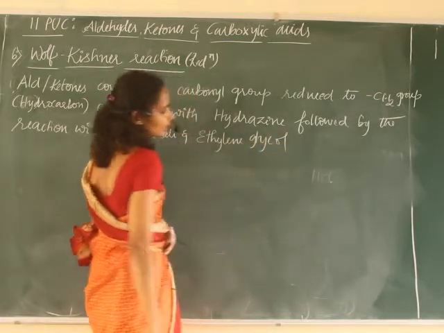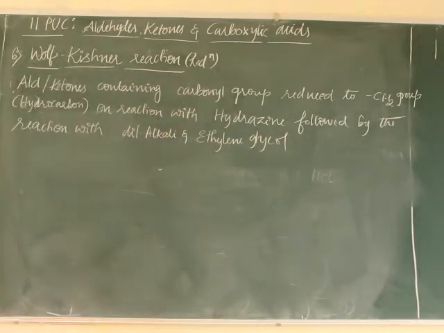Here ethylene glycol acts as a high boiling solvent. The dilute alkali is either sodium hydroxide or potassium hydroxide. On heating, it will give the corresponding hydrocarbon.